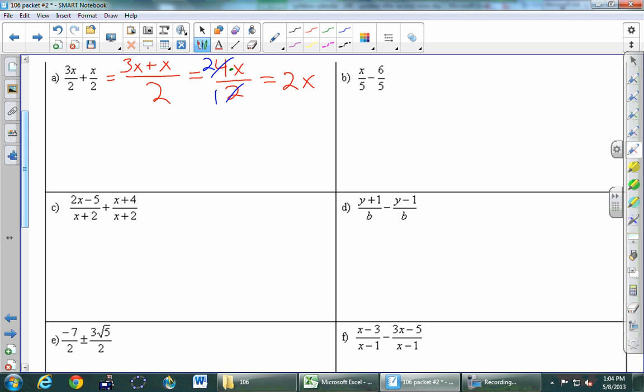Okay, what's nice about the fractions in B? Same denominator. We're subtracting. The new denominator is 5. You just copy it. And then upstairs, you also just copy. x, subtract 6. If we can go further, we should. Can you combine x and 6? No, so we're done. Questions on that one?